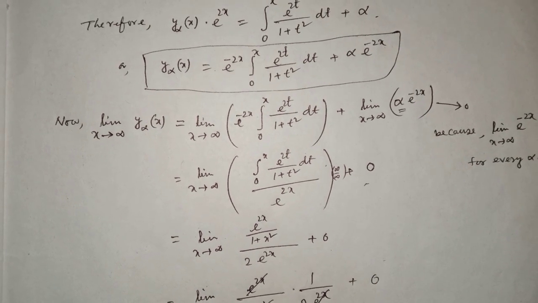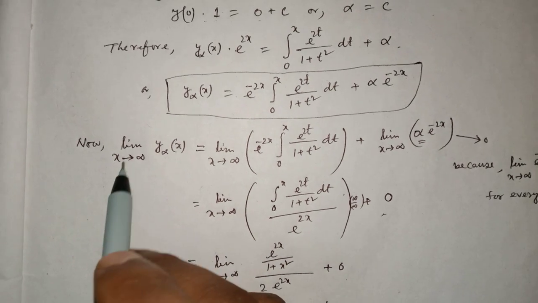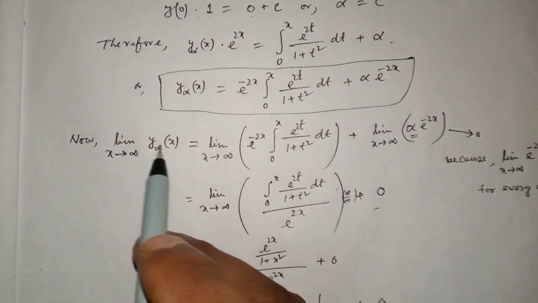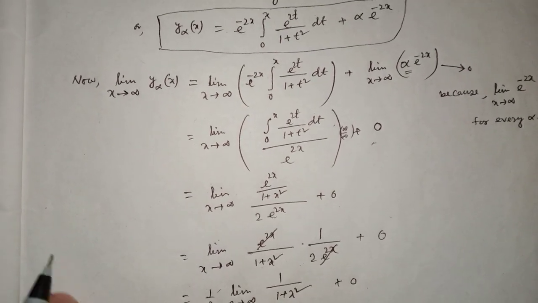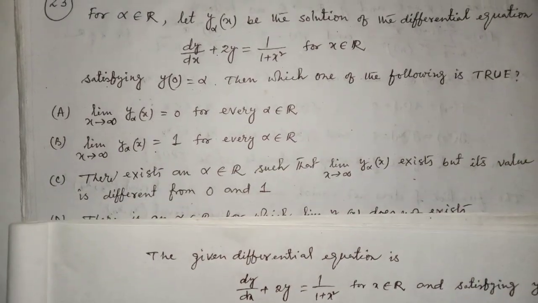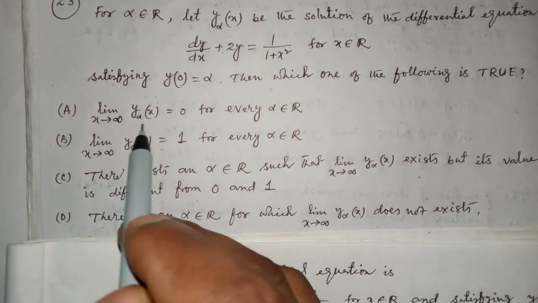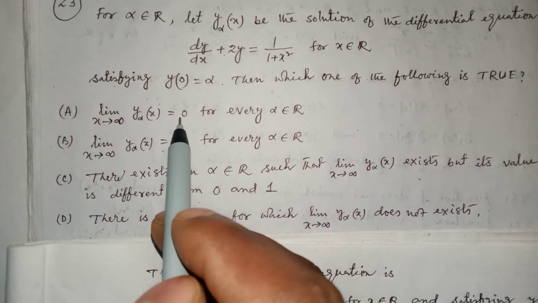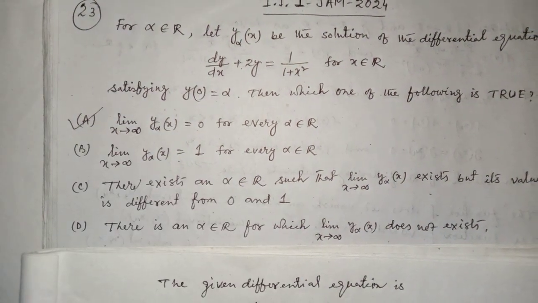Therefore limit x tends to infinity y alpha of x is equal to 0 for every alpha belongs to R. Therefore option A, limit x tends to infinity y alpha of x equal to 0 for every alpha belongs to R, is correct.